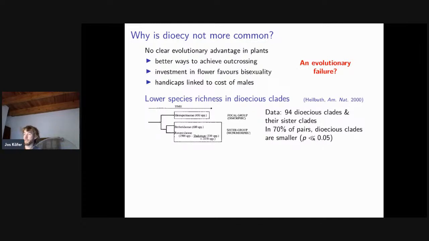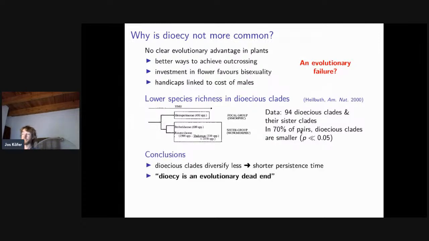So dioecious clades are smaller, but these are sister clade comparisons, so they derive from the same ancestor as the sisters. That should mean that the dioecious clades diversify less, so they indeed have a shorter persistence time in evolution. And this led to the dead-end hypothesis that Jana Heilbuth clearly wrote in her paper.